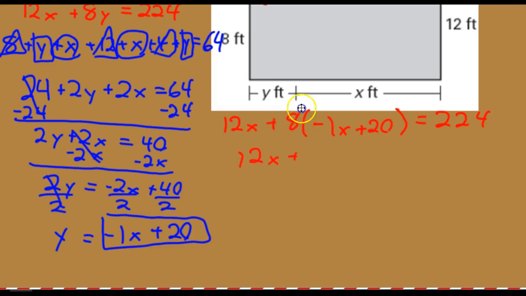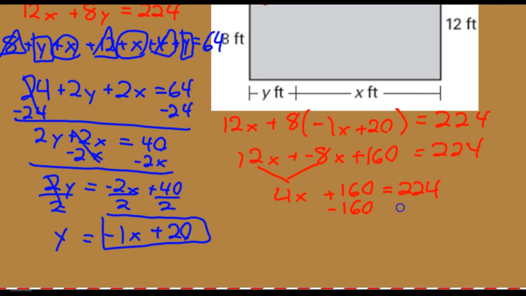We need to distribute this 8, so we get negative 8x, and 8 times 20, which is a positive 160. Combine our two like terms. 12 plus negative 8 gives us 4x plus 160 equals 224.